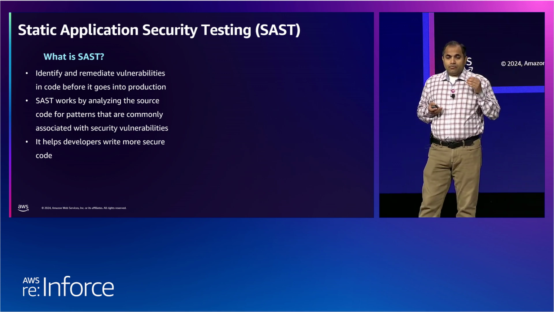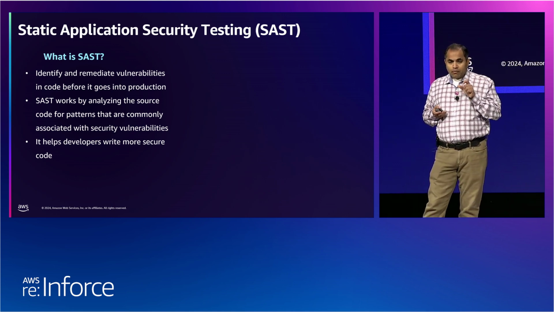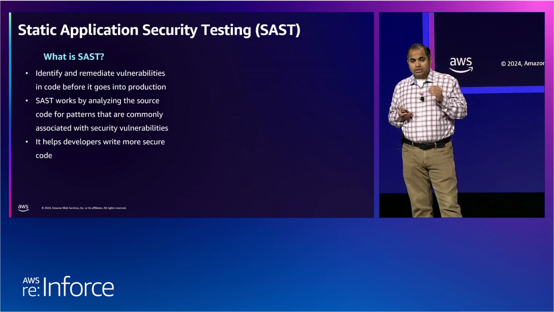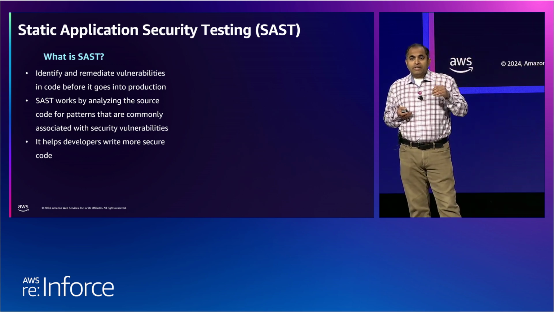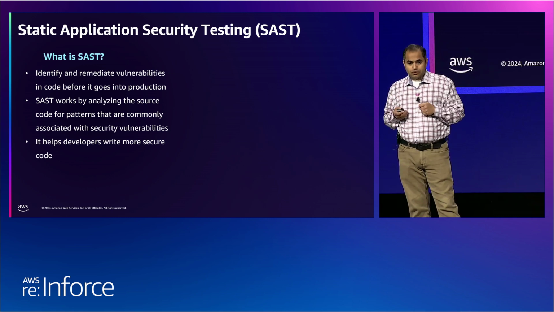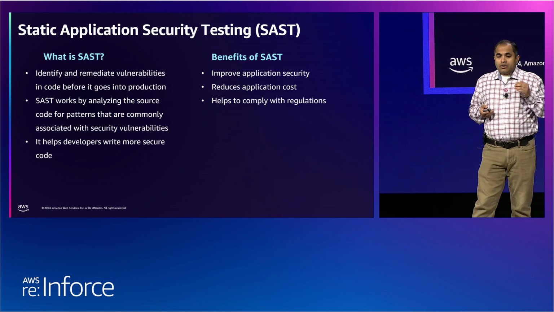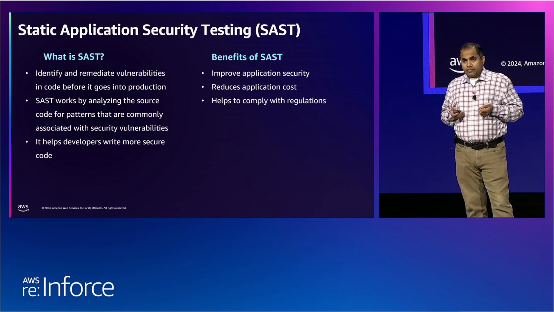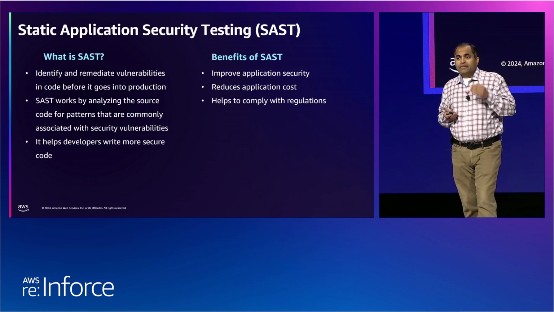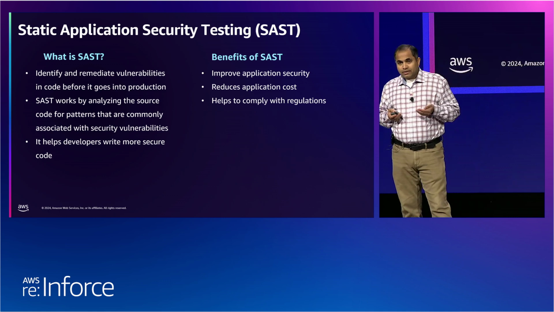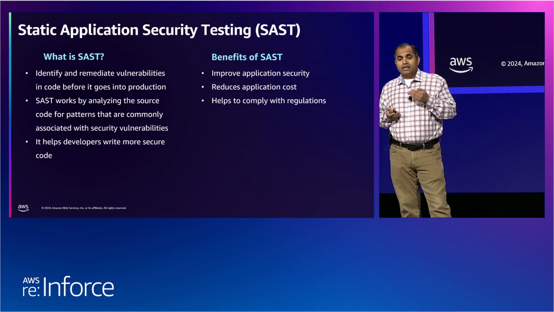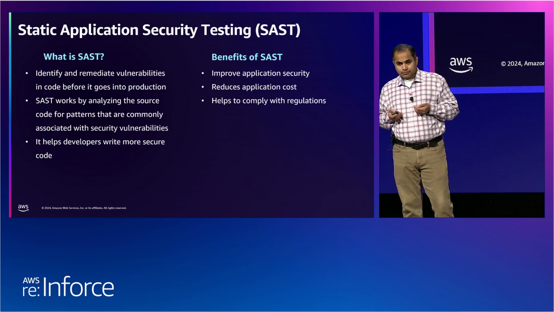In SAST, we look for commonly occurring patterns associated with security vulnerabilities, and we develop rules to detect those issues, and then we also remediate those issues. The benefit of SAST is it improves the overall application security. Fixing issues in the early phases of development is much faster, and it helps in reducing the cost also.